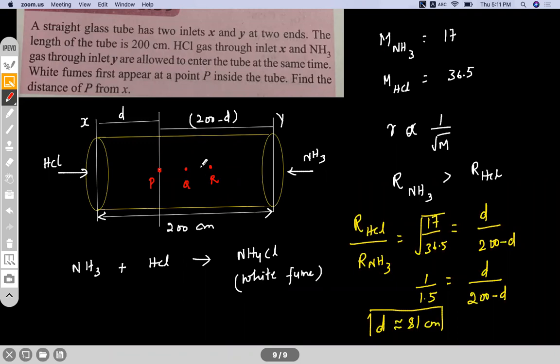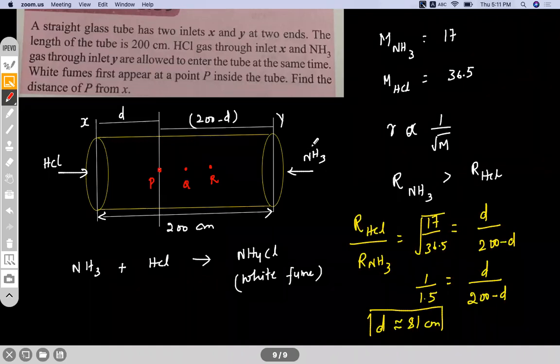What will be the answer here? You don't have any other info. At which point the white fume appears, ideally. This is the half of the tube, right? And we know the diffusion of NH3 is more than that of HCl, right?